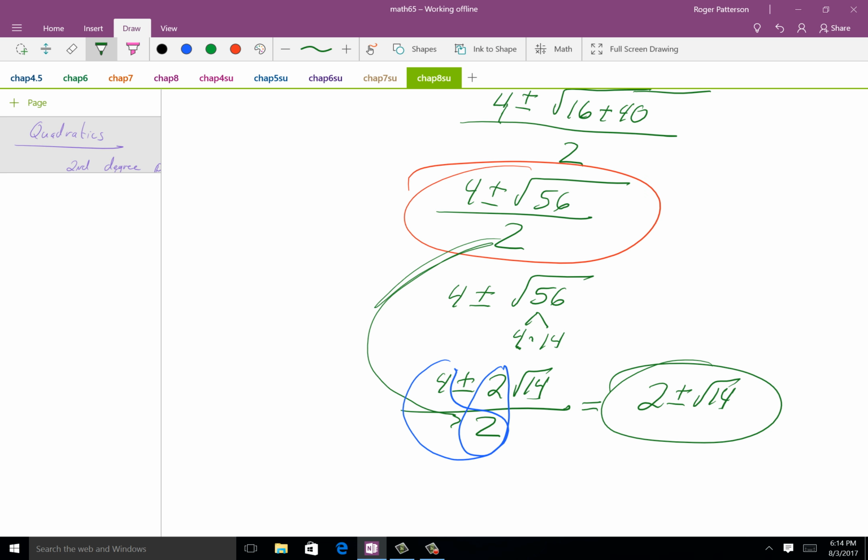Okay, so these two are the same thing. Just this one's a simplified answer. This one's just what we got. So that's kind of how you could do it in a step-by-step, write it out sort of way, if that's what you want to do.